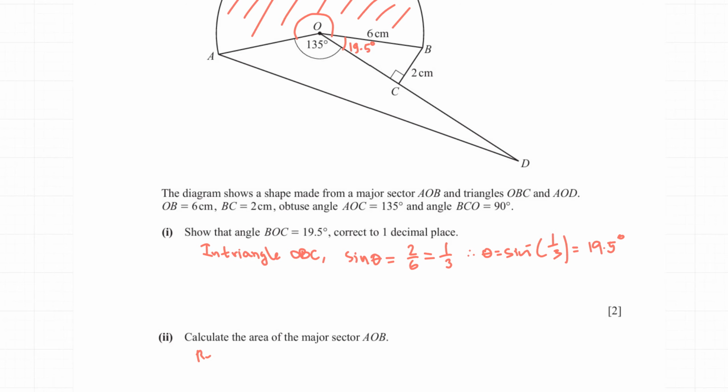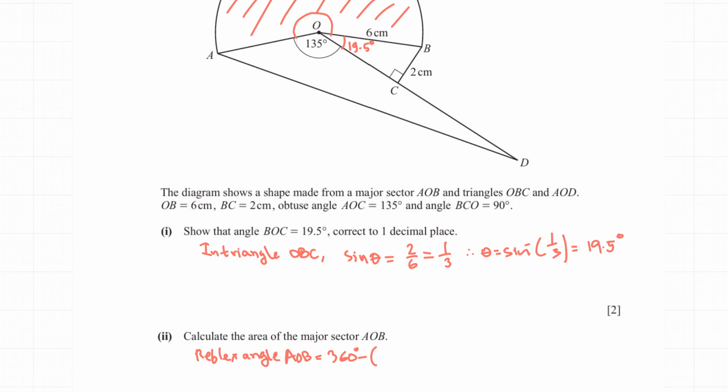so I can say reflex angle AOB is equal to 360 minus, all in degrees, 135 degrees plus 19.5 degrees, and that is equal to 205.5.